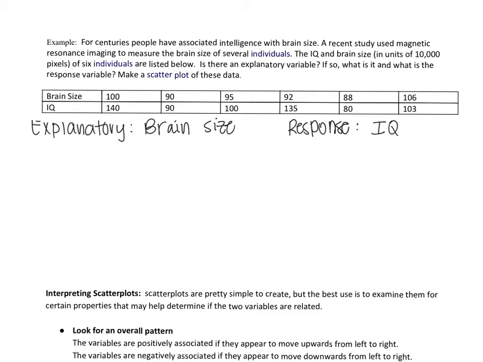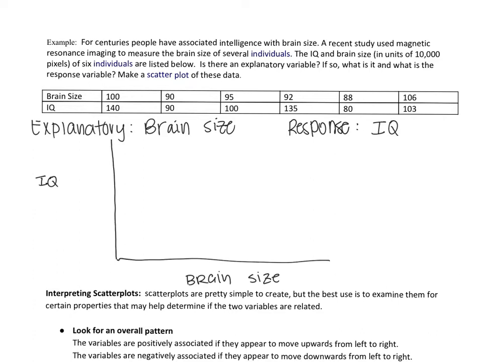So when we make a scatter plot, along the bottom, I'm going to have my brain size. And on the side, IQ.